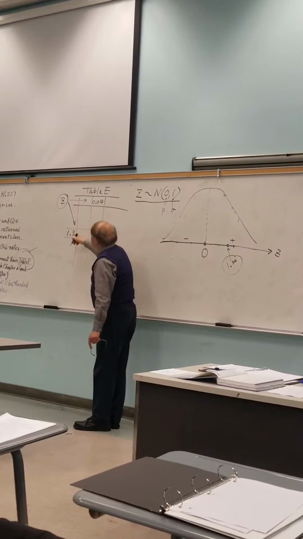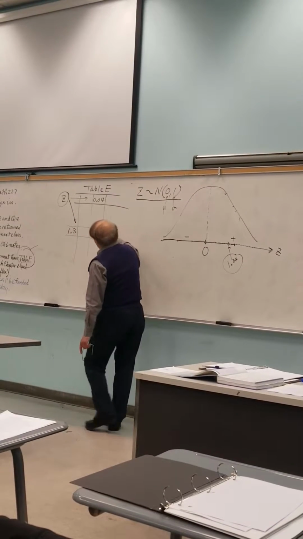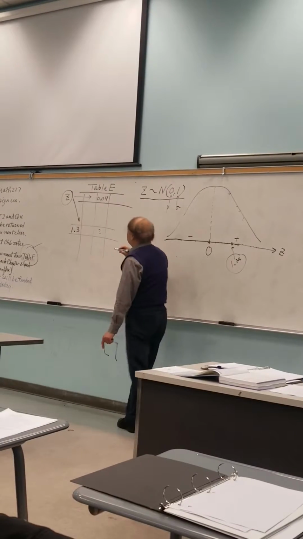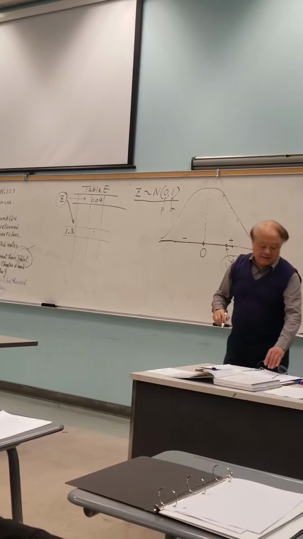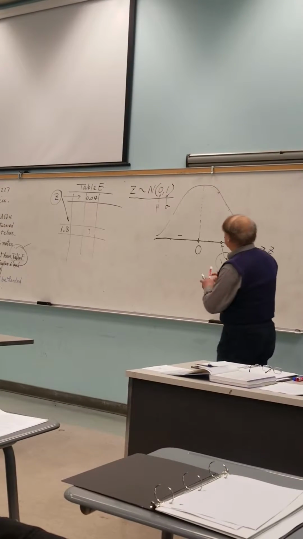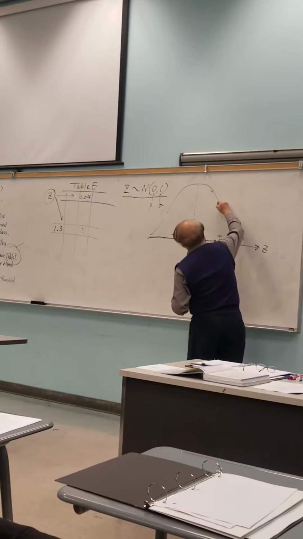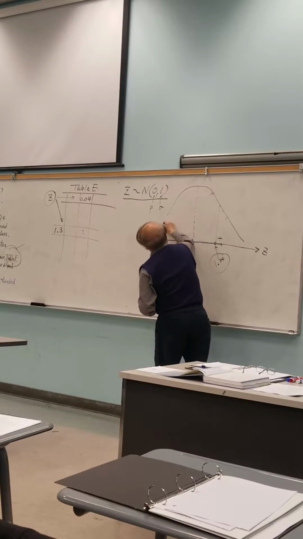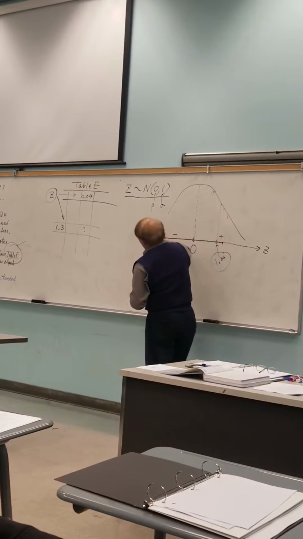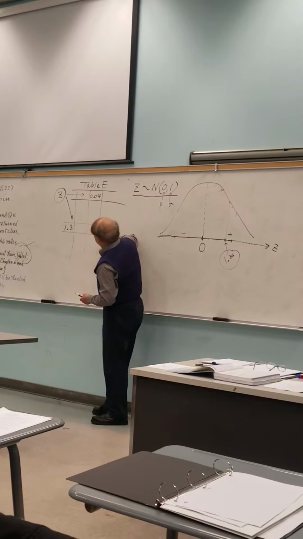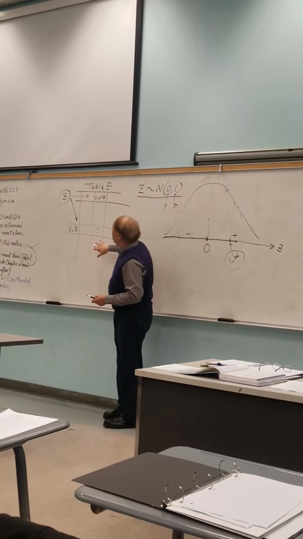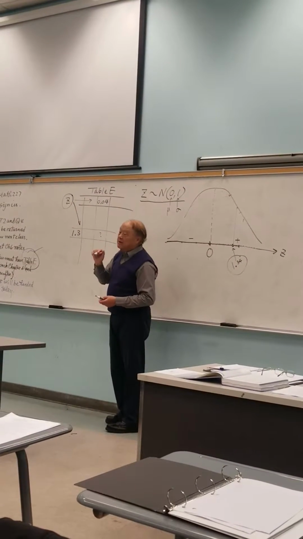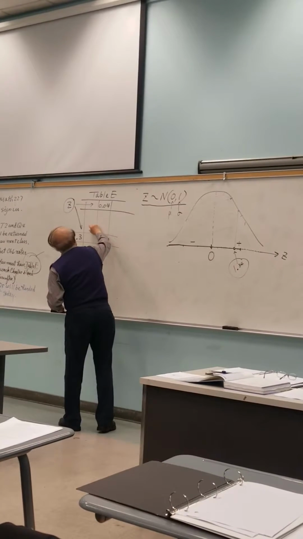Once you find the Z-score, what is this number? This is the left-hand side area. All the numbers in the body of the table are left-hand side areas. Okay, repeat.